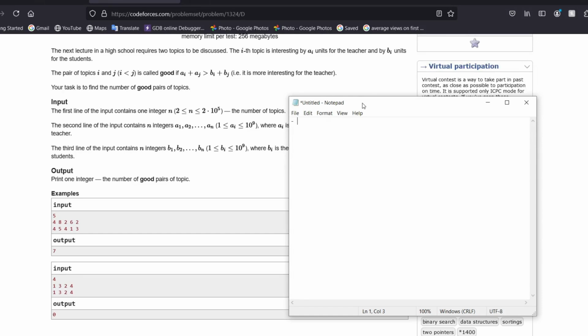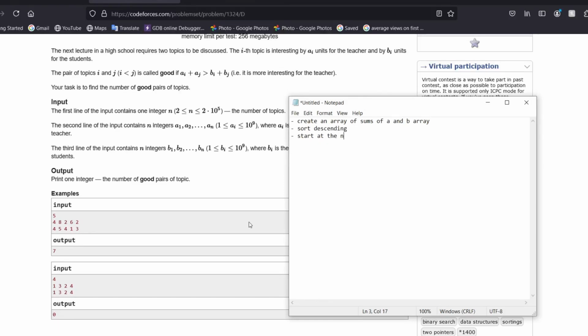So first, I'm just gonna skip through input and output. Create an array of sums of the A and B arrays. Second, we're gonna sort it descending.